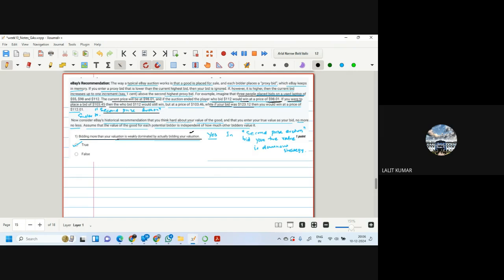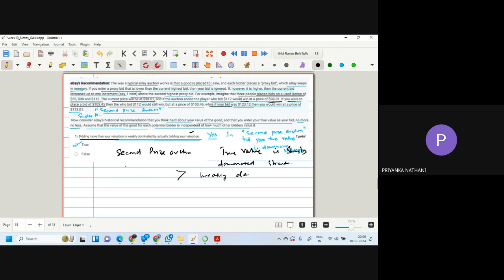So we know that in a second price auction, bidding your true value is a strongly dominant strategy, and all other strategies are weakly dominated.